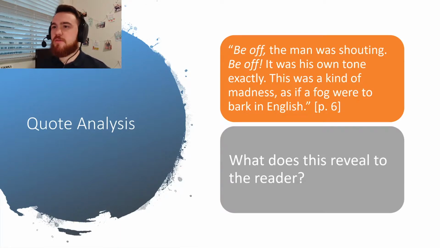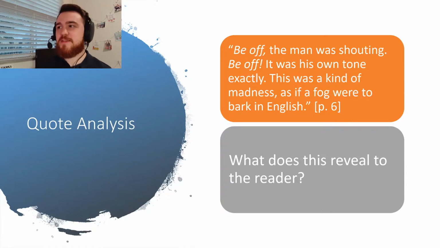So the perspective of the novel isn't first person, but most of the time we're seeing it from William Thornhill's point of view. So Grenville is using this idea of "as if a dog were to bark in English" as a way of showing that William Thornhill's beliefs about people who look different to him, such as the Aboriginal people, are that of a dehumanizing perspective.